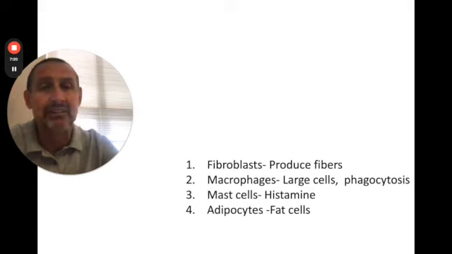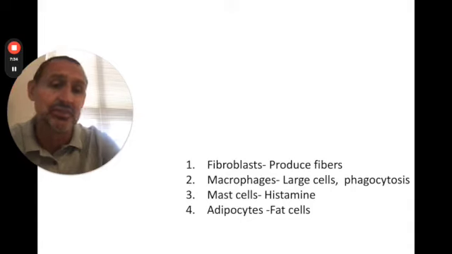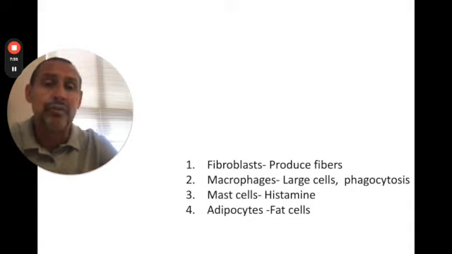Fibrous connective tissue consists of several types of cells, namely fibroblasts. The blast refers to the cell that's generating something. In this case, it's generating fibers, so it produces fibers. Macrophages: macro means large, phage means eat.